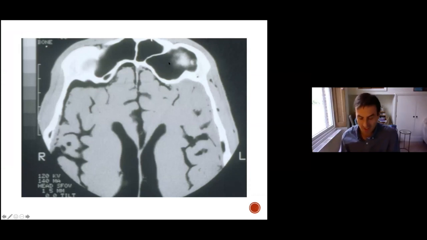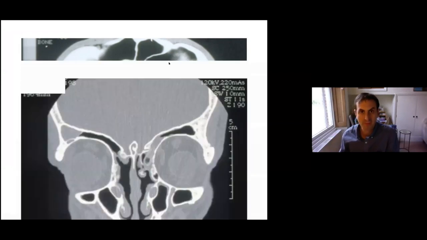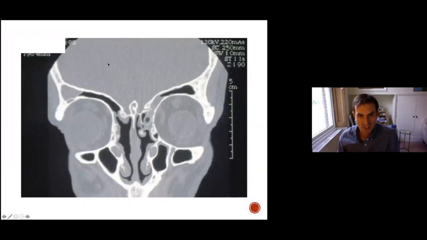So they can be quite extensive in size. And when you see this sort of picture on a coronal sequence where you see this kind of slot going across the top of the orbit, this is very characteristic of a supraorbital ethmoid cell. So you see this kind of space. And so again, it's recognizing that this may affect your approach to the frontal sinus, but also may increase your concern about injuring the anterior ethmoid artery.